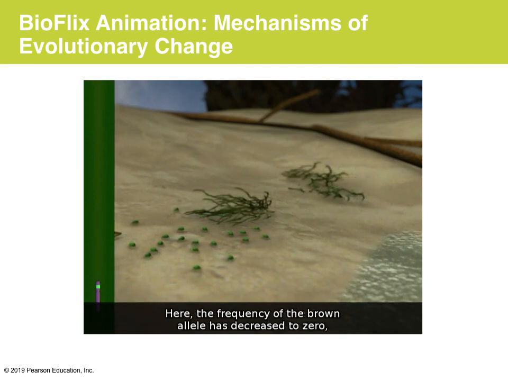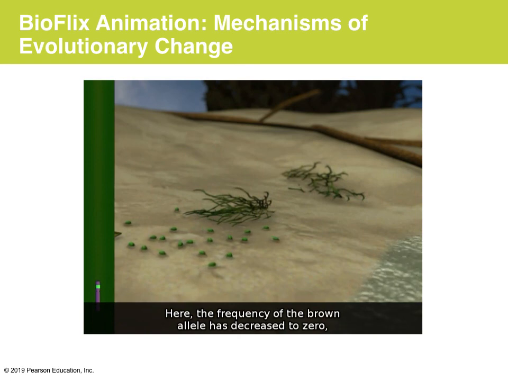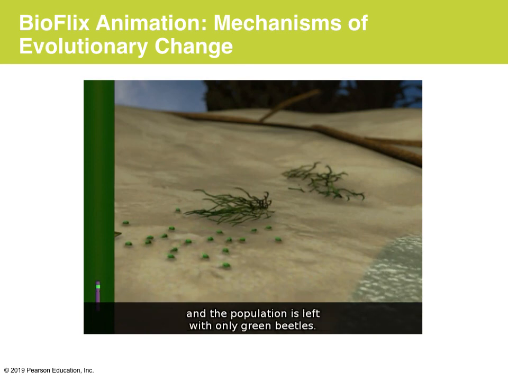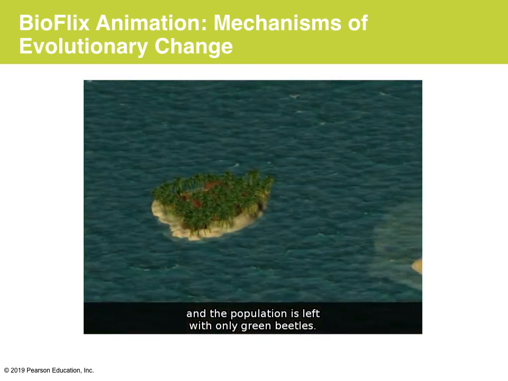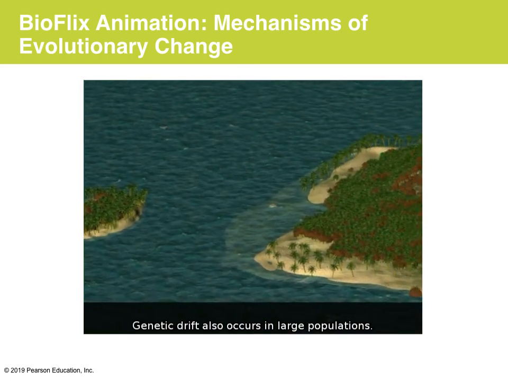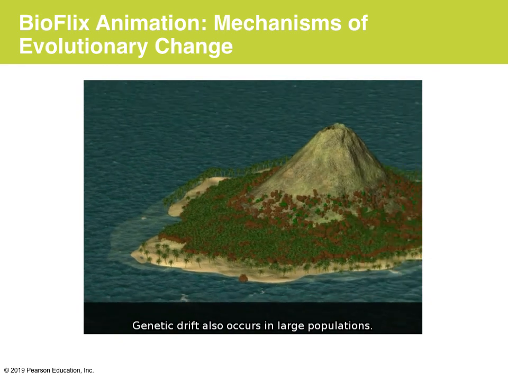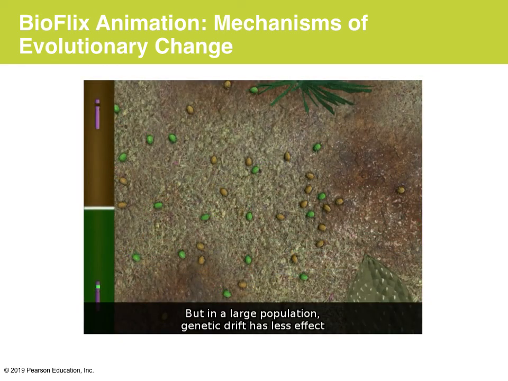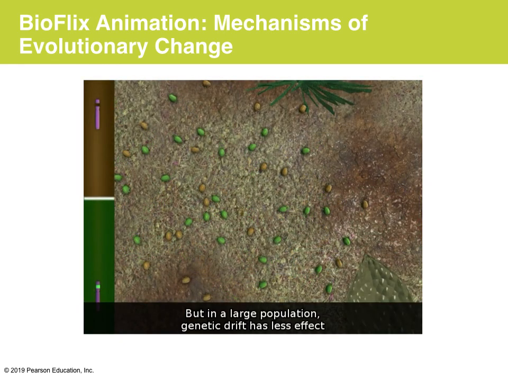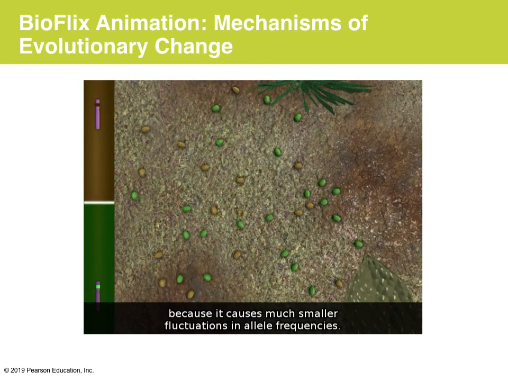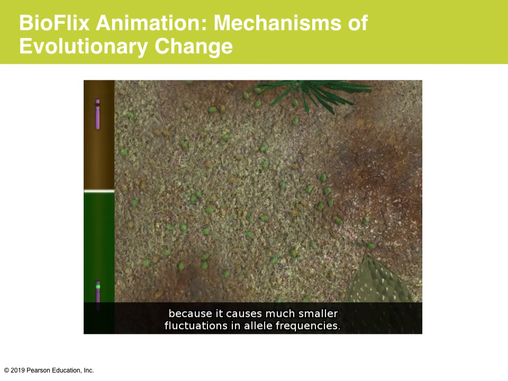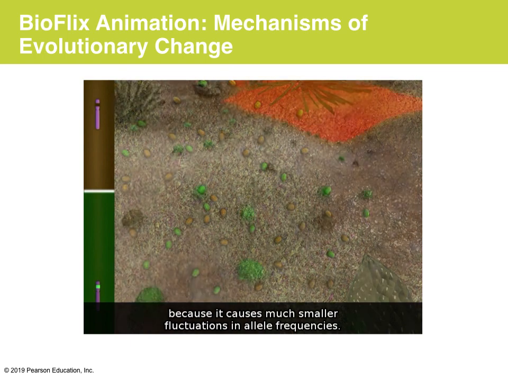Here, the frequency of the brown allele has decreased to 0, and the population is left with only green beetles. Genetic drift also occurs in large populations. But in a large population, genetic drift has less effect because it causes much smaller fluctuations in allele frequencies.